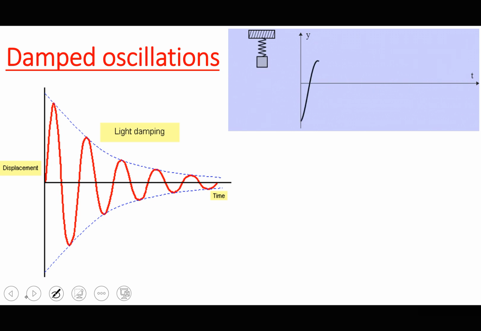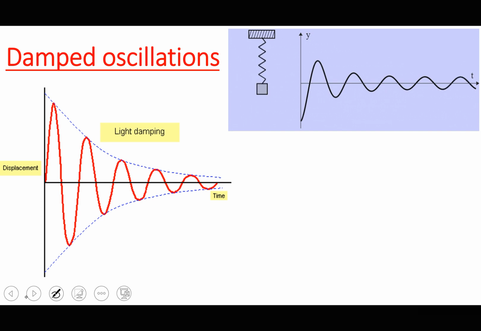But in real situations, however, there are factors such as friction, air resistance, and other resistive forces which cause the oscillator's energy to be dissipated. This energy is normally converted into heat or thermal energy. That is in real situations. So in principle or in theory, we can assume that some oscillations like simple harmonic motion go on forever.